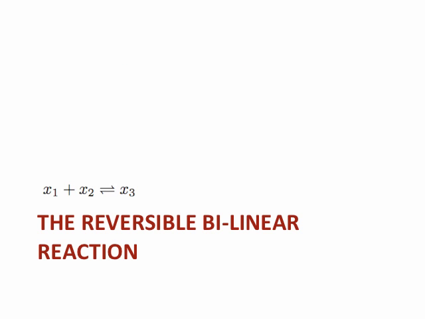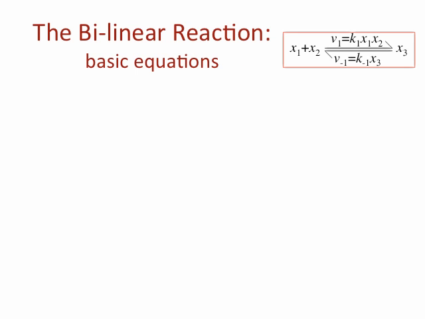We now move on to a slightly more complicated situation, the reversible bilinear reaction. In this case, we have a forward rate that is bilinear. V1 now is a rate constant K1 times the concentration of X1 times the concentration of X2.